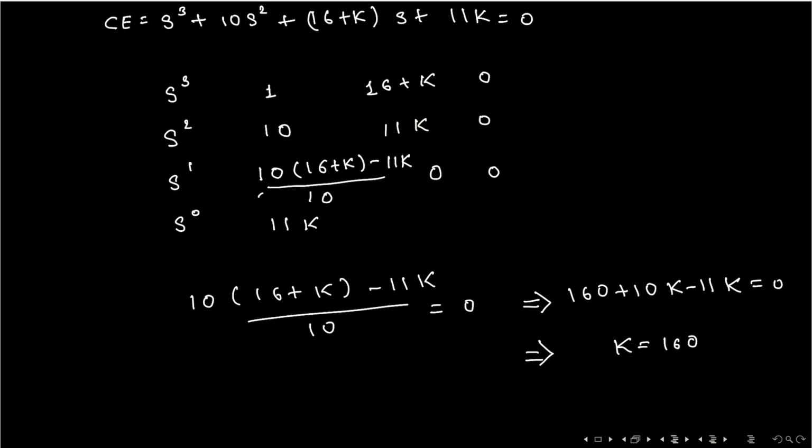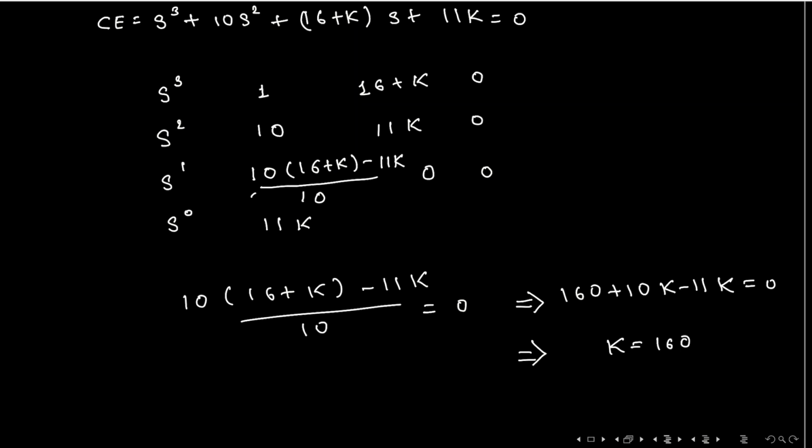Once we get k equal to 160, the next part is to verify that the entries in the first column of the Routh array are positive.